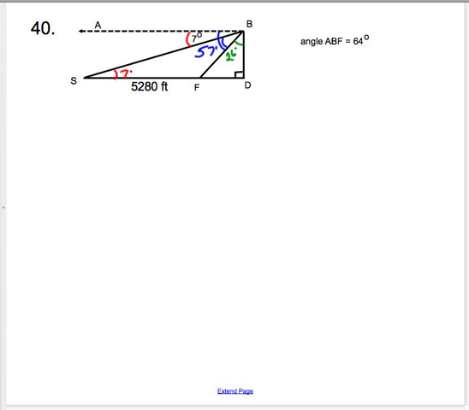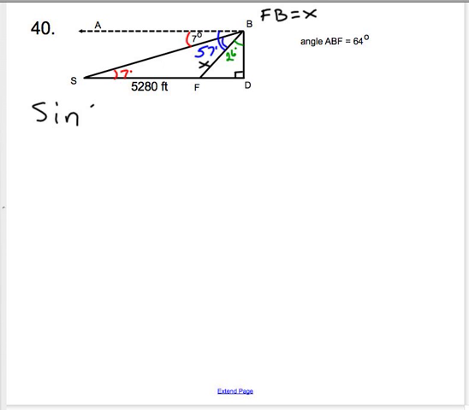Okay. So what do I want to start by finding? The first thing I can find is x. X is the distance from F to B, if you can't tell from my picture. So how do I find x? Well, use the law of sines.